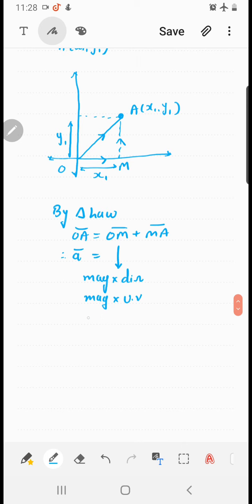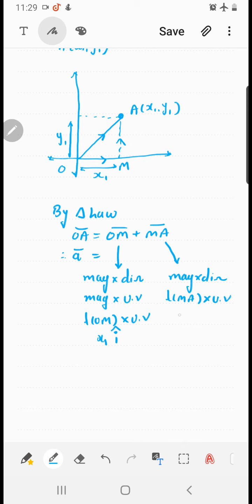So what is the magnitude of OM? Can I say length OM into unit vector? The magnitude is x1 and it is in which direction? Positive x axis, and that's why we take i cap. Likewise, if I want MA bar, can I say a vector is made up of two components, magnitude and direction? Magnitude means length, so length MA into the direction, which is given by a unit vector.